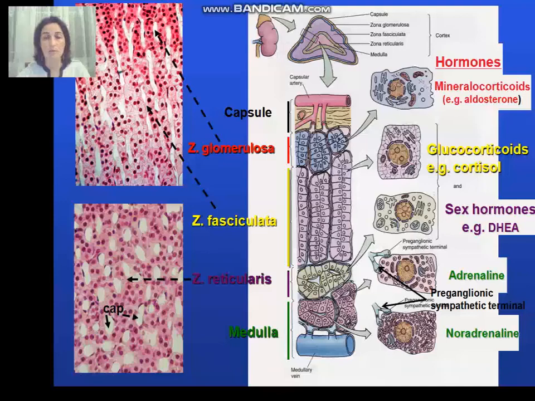cholesterol. Cholesterol is the main component of the low density lipoproteins, and they are stored within the cytoplasm of these cells. Then mitochondria of these cells will have their own specific structure.